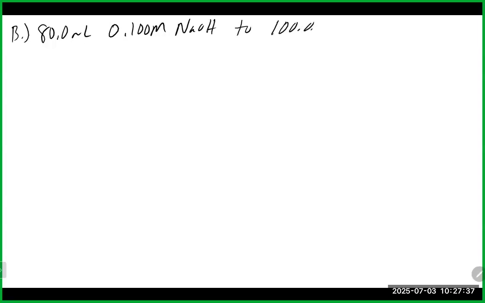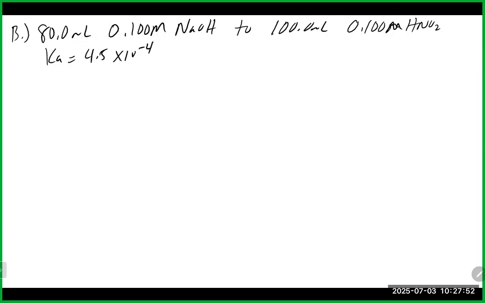So we'll do 80 milliliters of our 0.1 molar sodium hydroxide to our 100 milliliters here of our 0.1 molar nitrous acid. And that Ka is still the same one, 4.5 times 10 to the minus 4, I believe.